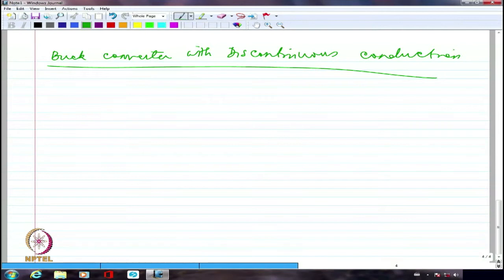They are not really as simple as what it had been so far. So we are looking at the buck converter again. I'm going to have essentially a switch here which is in series, and then I'm going to have a diode, then I'm going to have an inductance, a capacitance and a load.